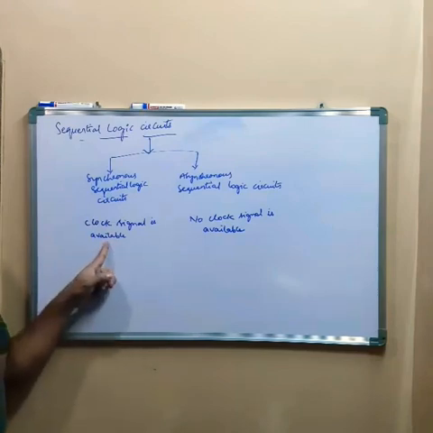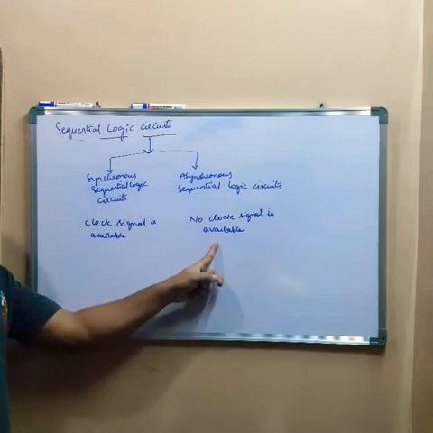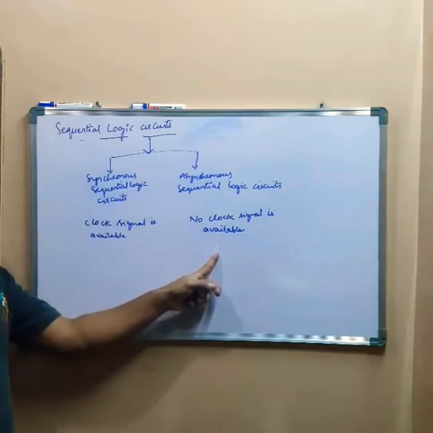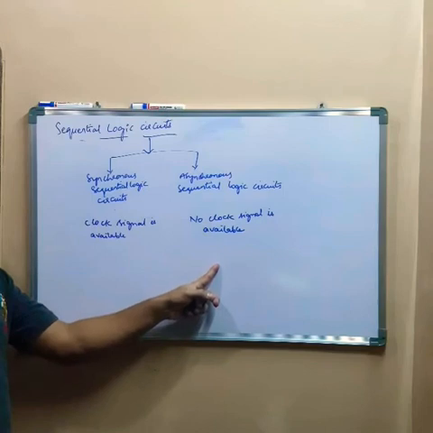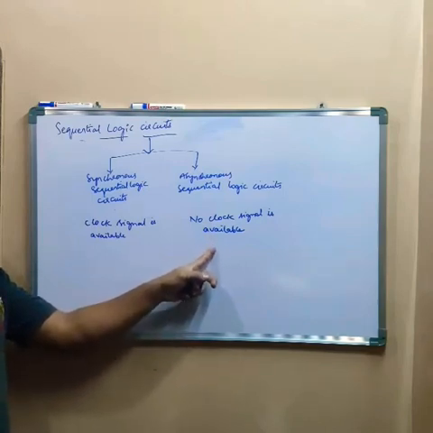So with the presence of clock pulse, upon the activation of the clock pulse, the output will be affected for the changes in the input variables. In the absence of the clock pulse, at any instant of time, the output will be affected by varying the input variables. If there is a change in the input variables, the output will be affected at any instant of time.